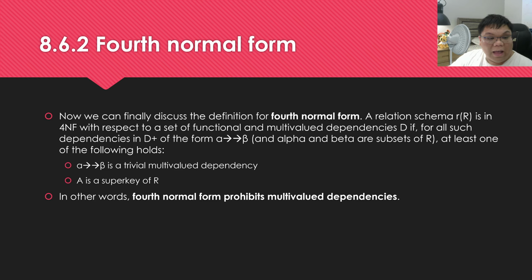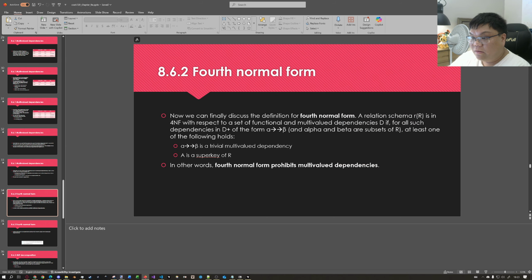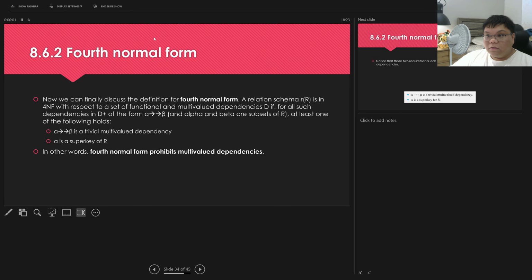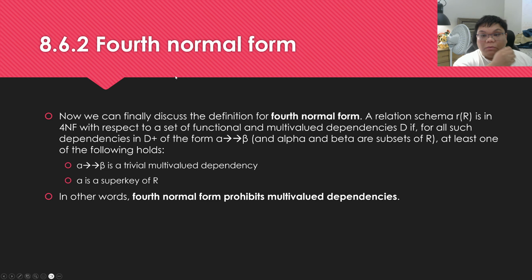Yeah, this was wrong. Hold on. There we go. So this is a long-winded way of saying fourth normal form prohibits multi-valued dependencies.